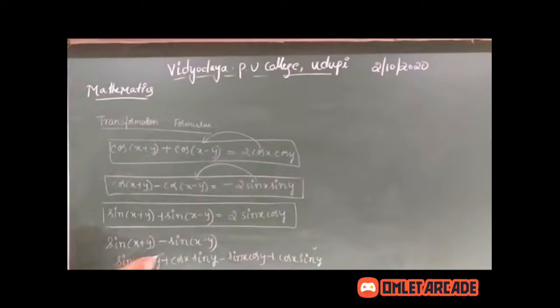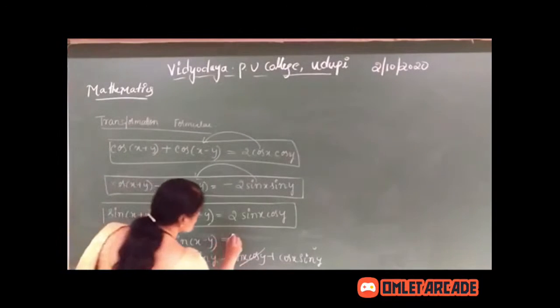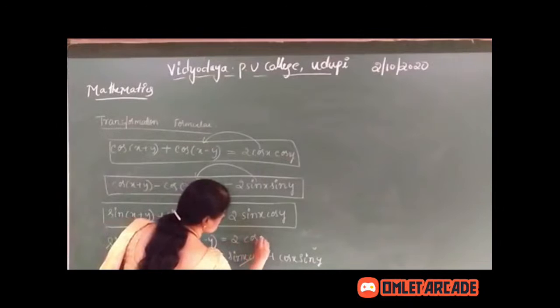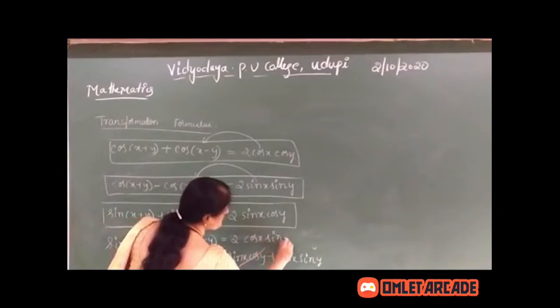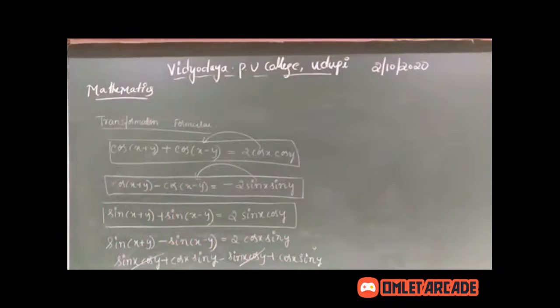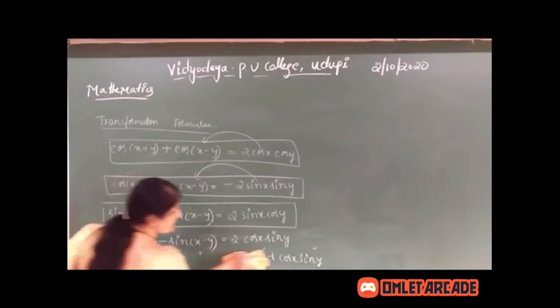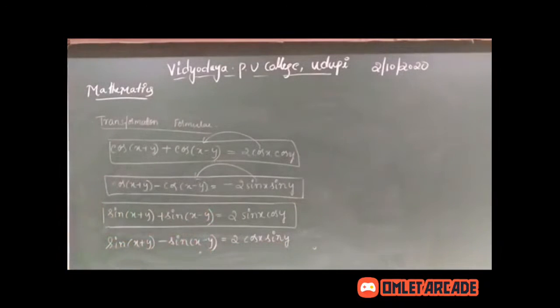Sin x cos y and minus sin x cos y cancel, so we have 2 cos x sin y. So again, this is important. Look at this.